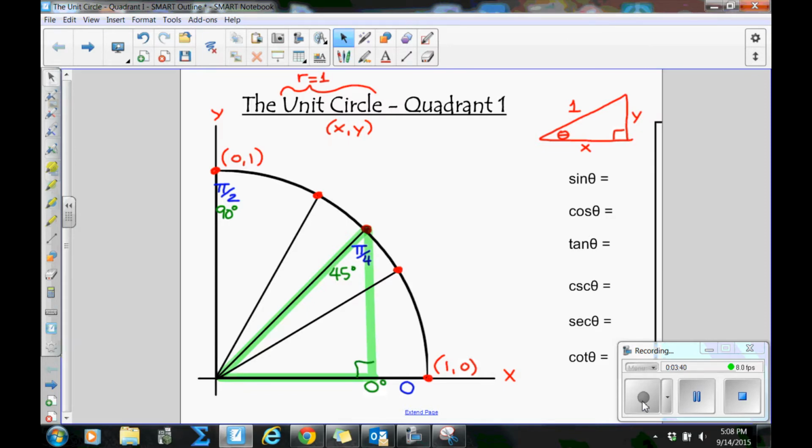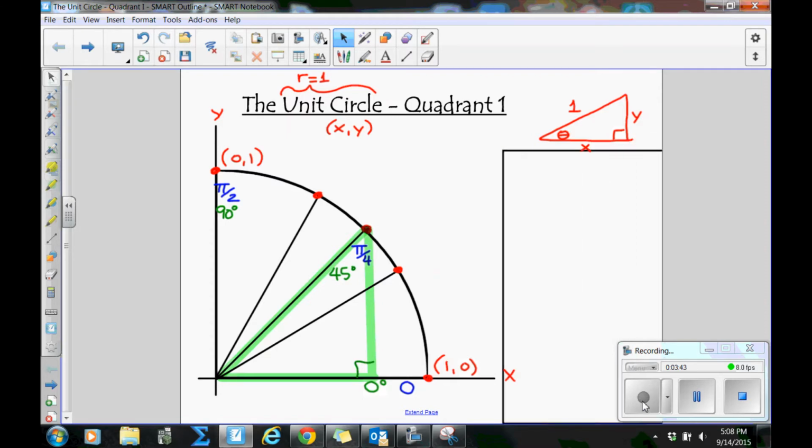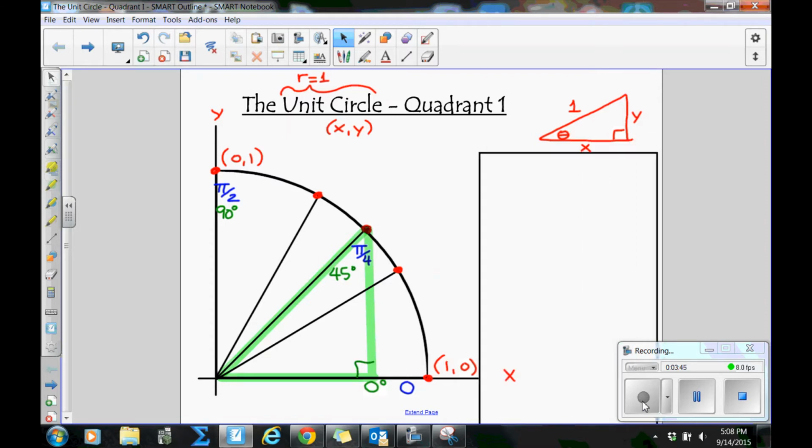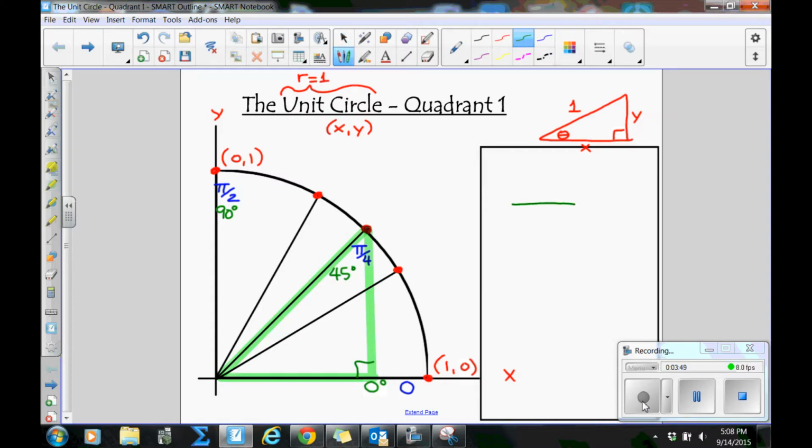I'm also going to drag out some workspace here. In a right triangle that has a 45-degree angle, we would have to know that the other angle is also 45 degrees, which makes this an isosceles triangle.